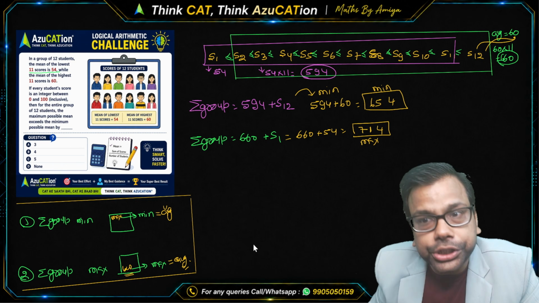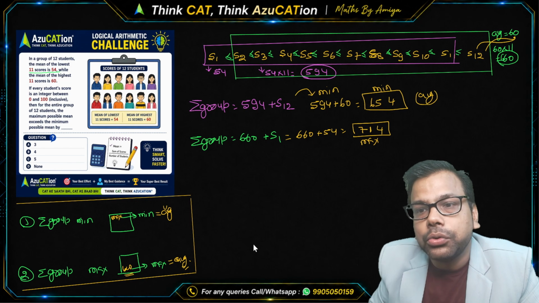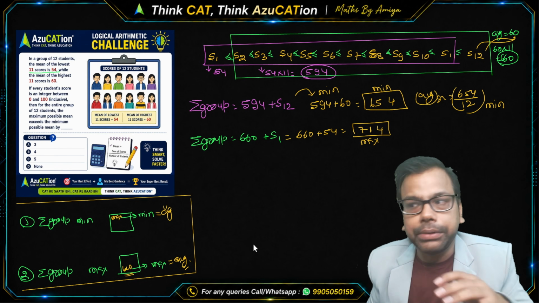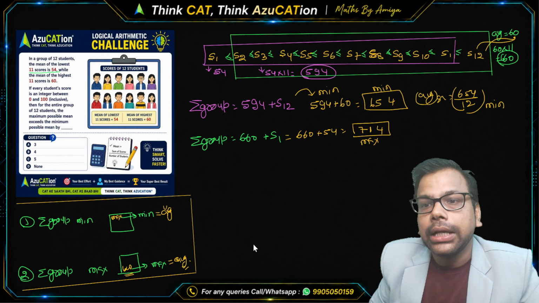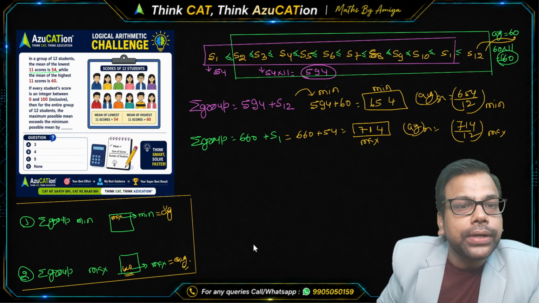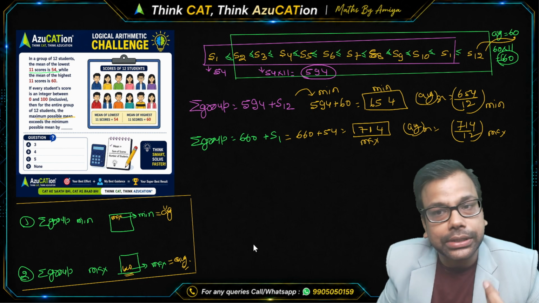Since this is the minima summation, the average of the group we can find is 654 divided by 12, is the minimum average. Since the summation is minimum, the average is minimum. When we find the average of the group with this data, we have 714 divided by 12, the maximum average. And we need to find the maximum possible mean, which is the average का difference.